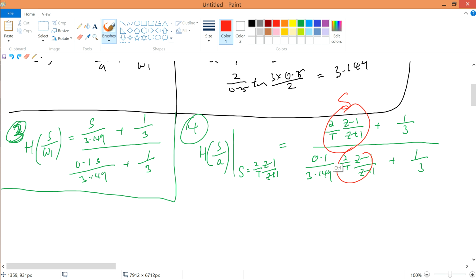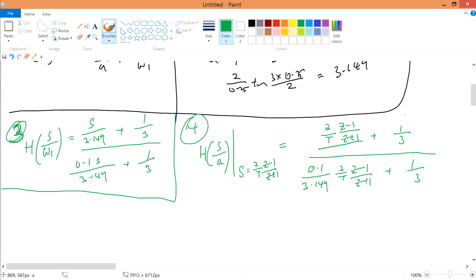In fact I made a mistake, because this one over here I should have divided by 3.149. Your S is this one divided by 3.149. This is something you need to be careful of, a careless mistake. If you forget to sub in, you're in trouble. So take note of this.